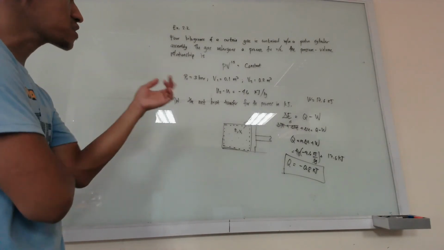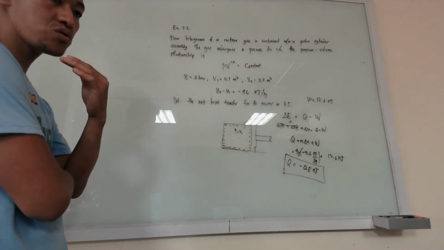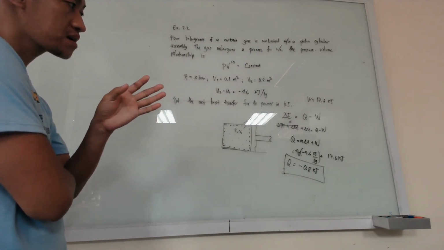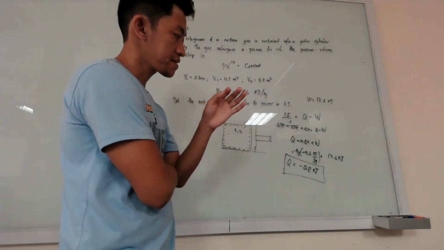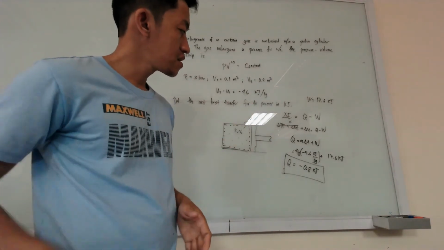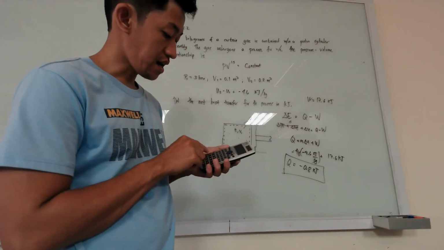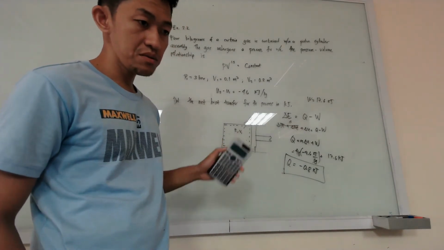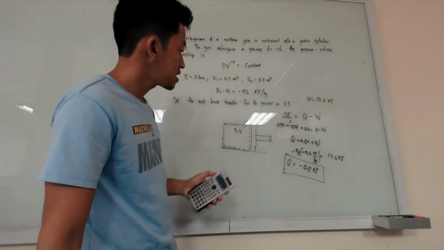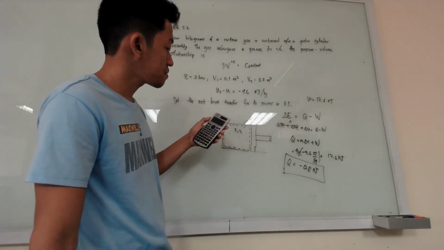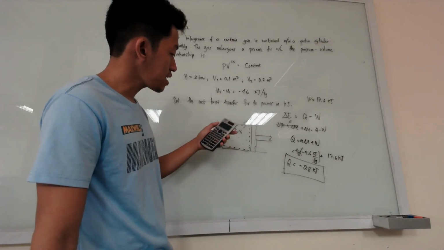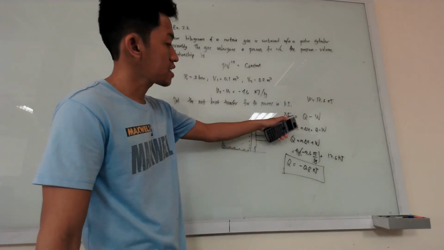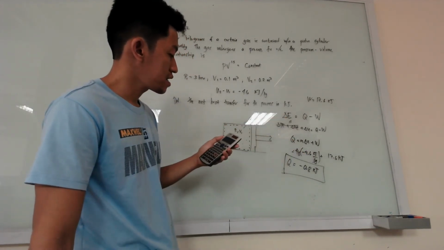So, using the first law of thermodynamics, we are able to account for where the energy goes. Okay? So, what does this mean? It means that your system contains 18.4 kilojoule of energy when you compute this.